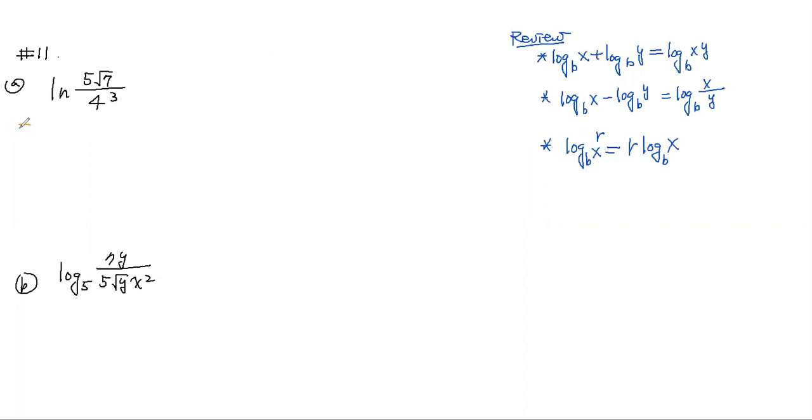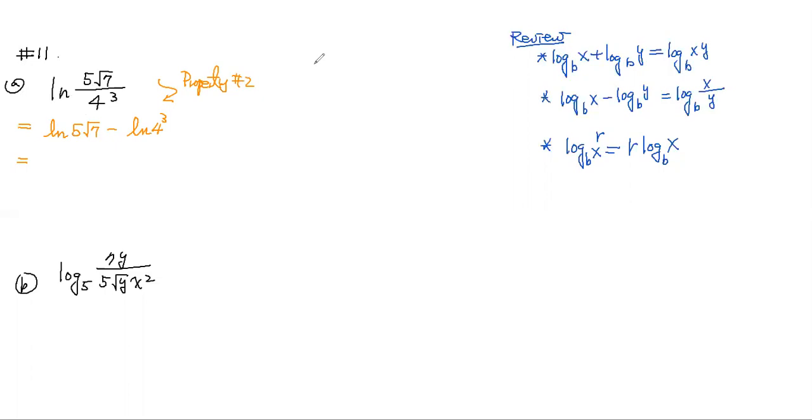This one is the natural log of 5 square root of 7 divided by 4 cubed. I know immediately it's a division, so it's a minus, right? So this is the natural log of 5 square root of 7 minus the natural log of 4 cubed, right? From here to here, that's property number 2. When you divide, it is like you minus.